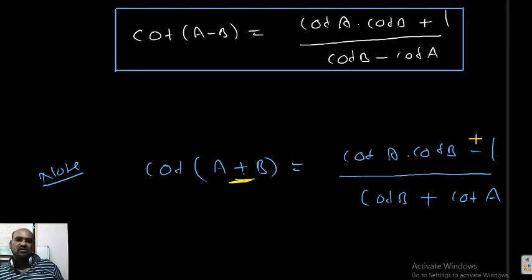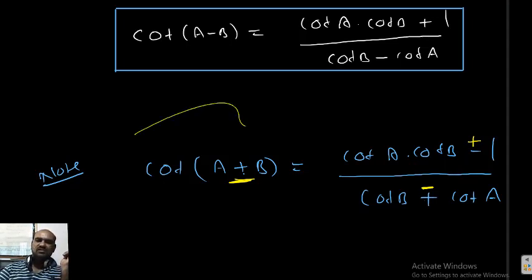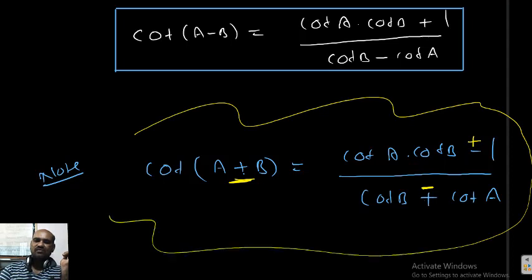In the denominator, the signs are written down accordingly. So this is the combined formula for cot of A plus B and cot of A minus B.